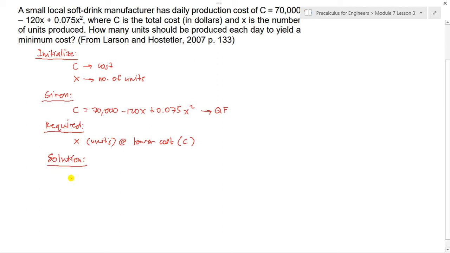Okay, we're going to use the quadratic function na nasa given. So rearranging that one from descending order of the exponent of the variable, so magkuna si x squared. So 0.075x squared, the leading term. Sunod sa middle term, minus 120x and plus 70,000.